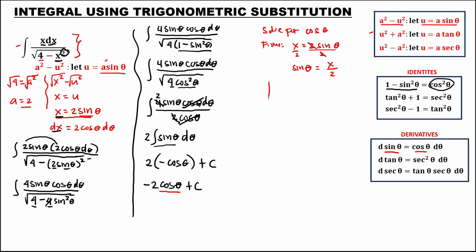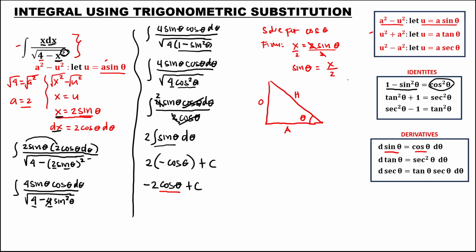Then we need to make a right triangle, and this is our angle theta. Opposite to the angle theta is the opposite side, this is the adjacent, and this one is the hypotenuse.